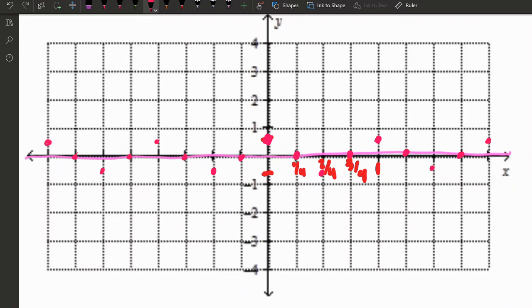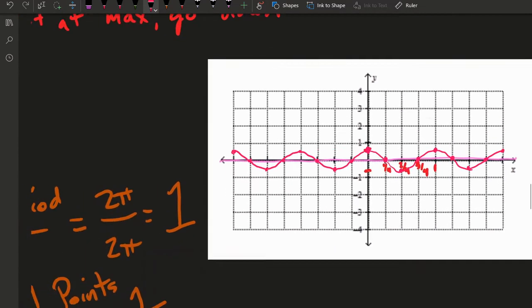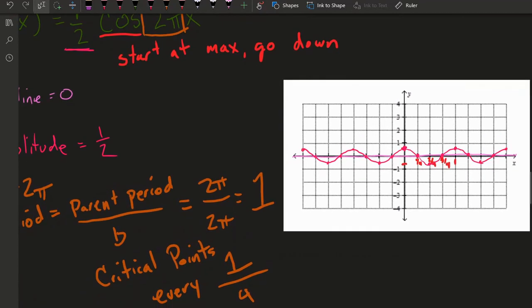And then we can connect these dots. Make a nice curve to this. And there is our graph.